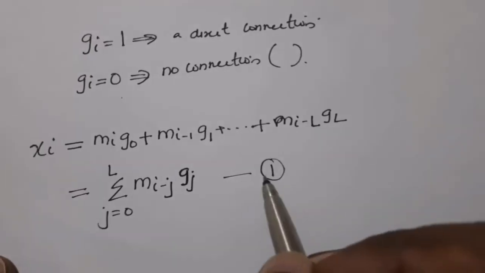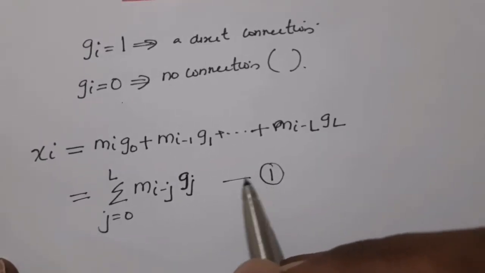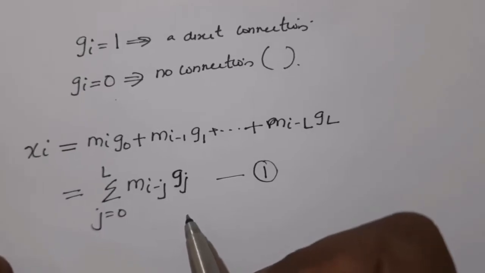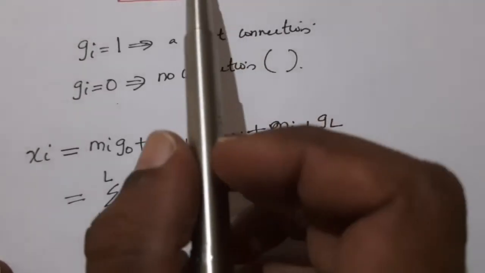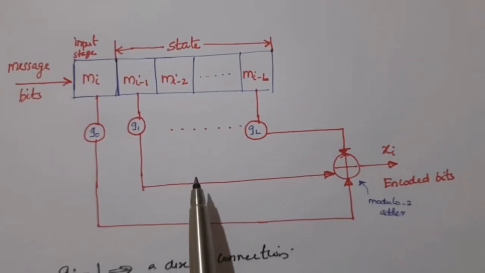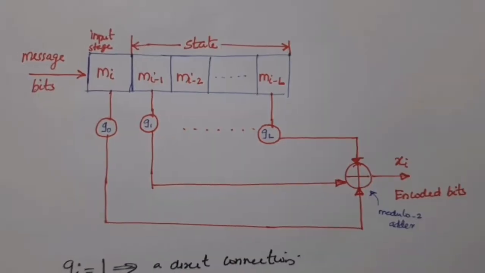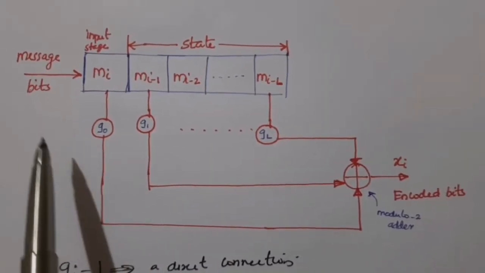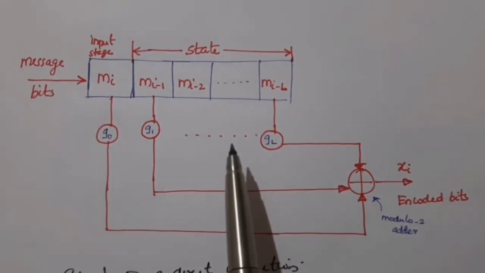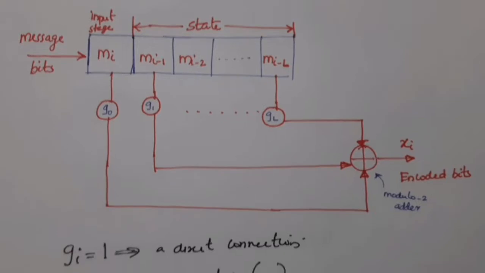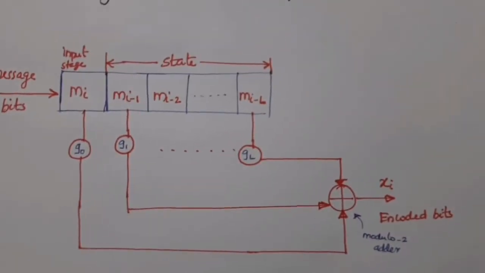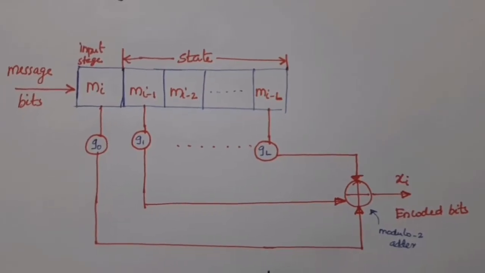You can identify equation 1 as the familiar convolutional sum, similar to the convolutional integral for continuous time signals. That's why these encoders are also called convolutional encoders, and the code word obtained is a convolutional code. Whenever a message bit is shifted into the input stage of the shift register, we get one output bit, which is given by this particular equation. Thus, for each input message bit, only one output bit is obtained from the encoder.